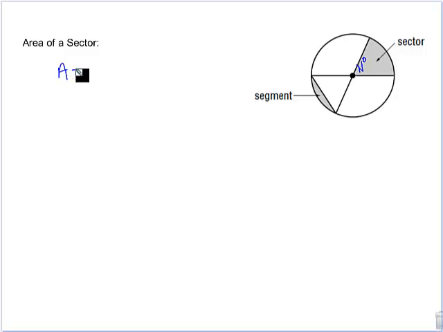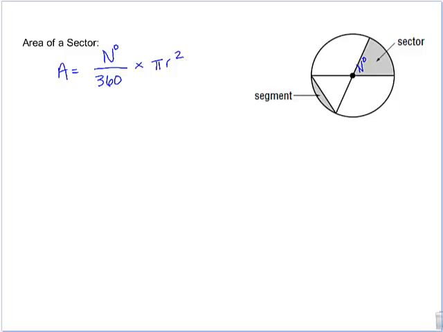So the area of a sector would be however many degrees we have that's being covered over 360, and then we would times it by the total area of the circle. So it's n degrees over 360 times pi r squared. That's how we would find the area of a sector.